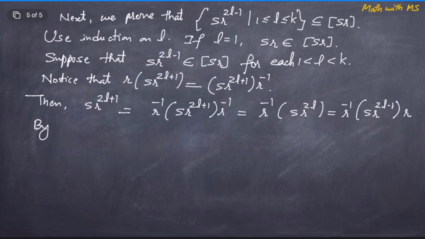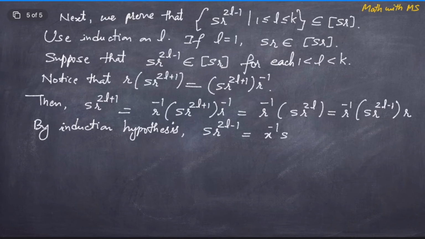By induction hypothesis, s into r to the power 2l minus 1 is some conjugate of sr, equal to x inverse sr times x, for some x in the dihedral group D2n.